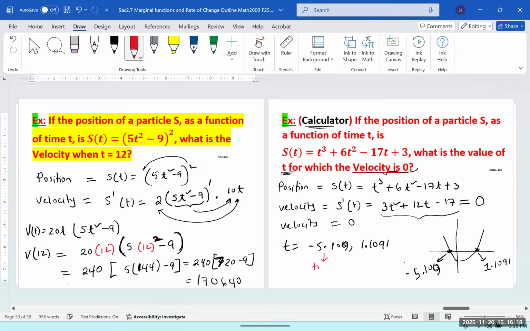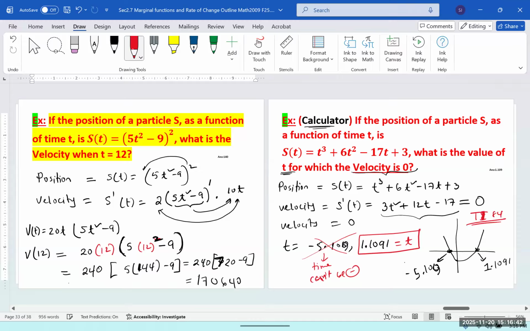Time cannot be negative. So we have to disregard the negative solution. So the only solution we accept is t equals 1.109.